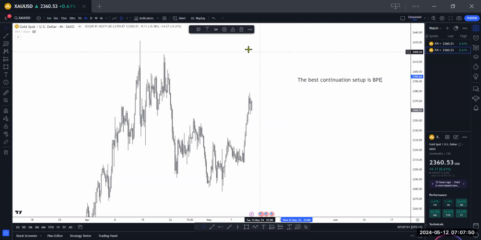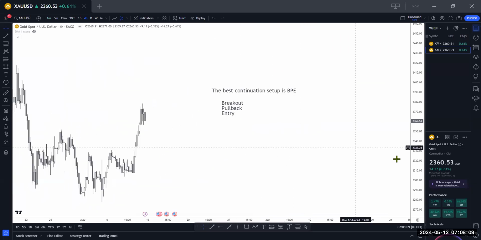So BPE means, let me write that out: breakout, pullback, entry.